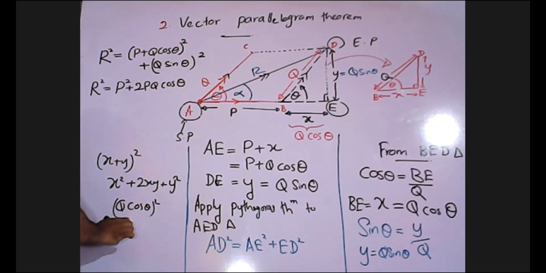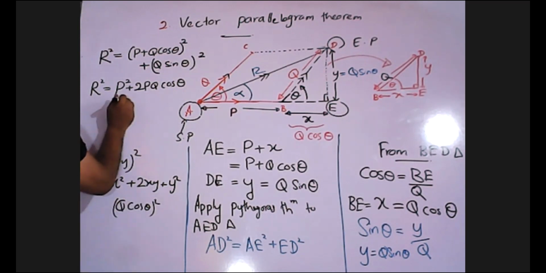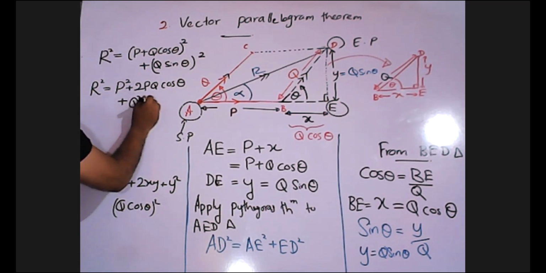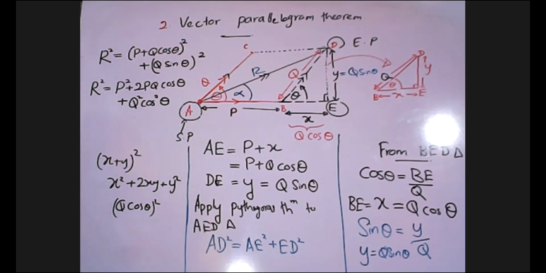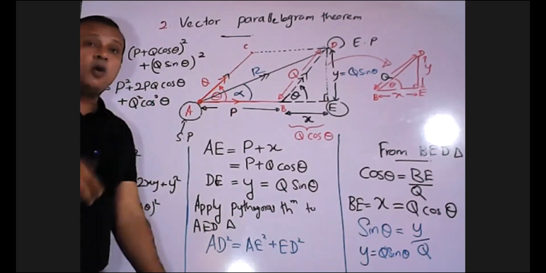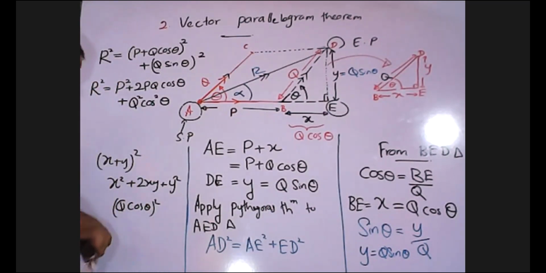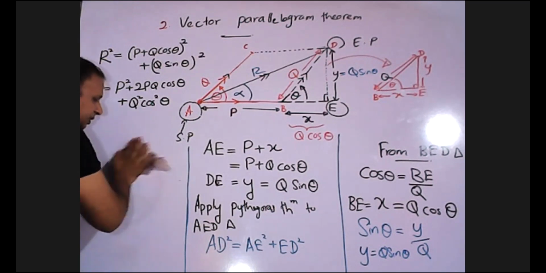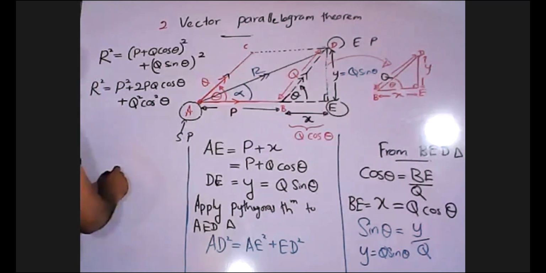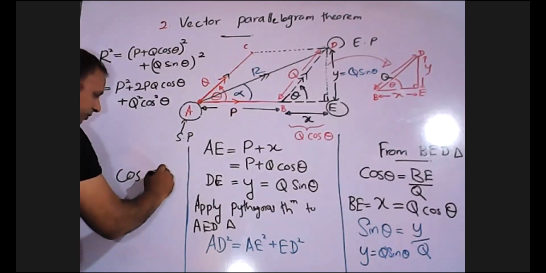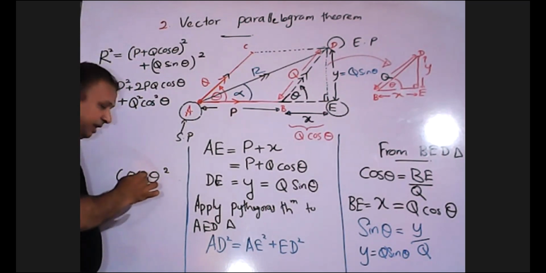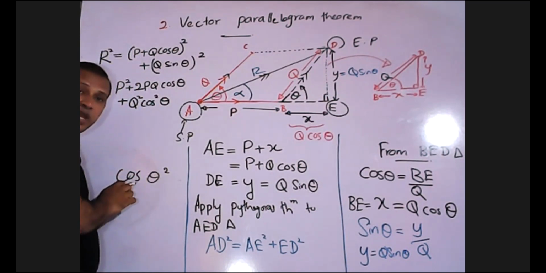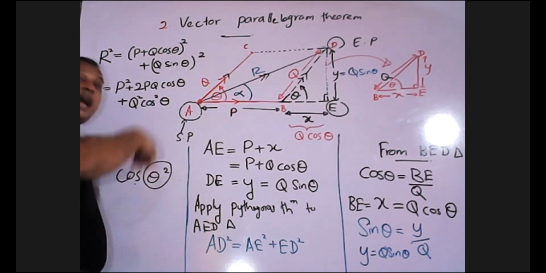If I get a square here, then I will have Q squared cos square theta. That is the way of writing. Cos square theta means the cos ratio is squared. Don't write cos theta squared, this is wrong, because that means the cos ratio of theta squared.